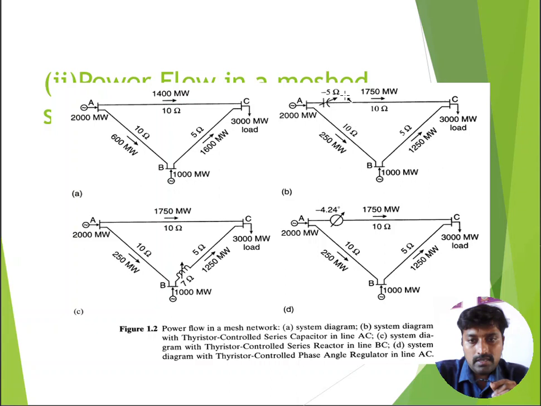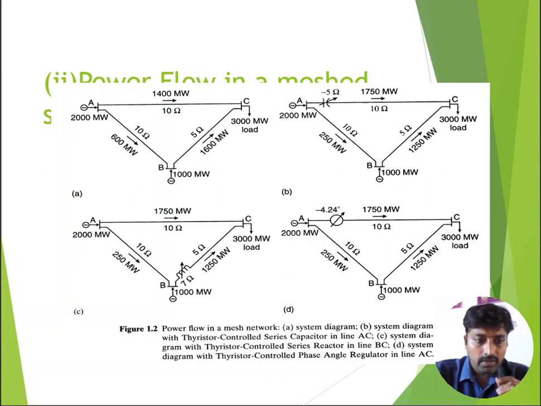Instead of this, you can use a variable phase angle type FACTS device. Like that, the power transfer capability is controlled in the AC transmission systems. That's why, after incorporating these devices, the transmission system is called flexible. That's why they are called FACTS devices, flexible AC transmission systems.